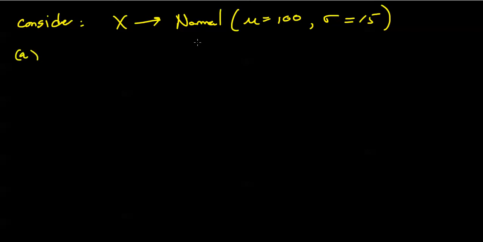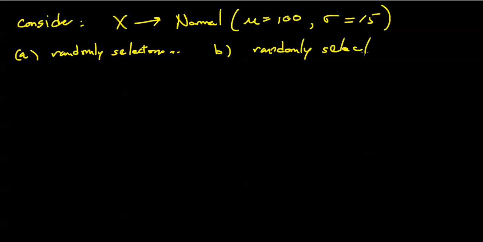I'm going to consider part A and part B again, much like we did in the last example. In part A, we'll randomly select 1, and in part B, we'll randomly select 20.